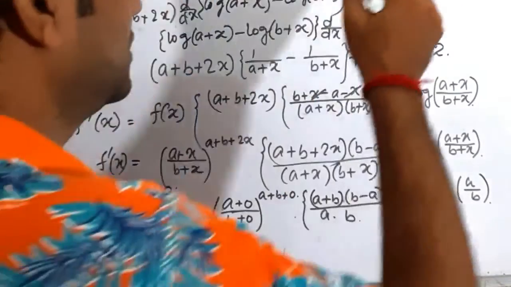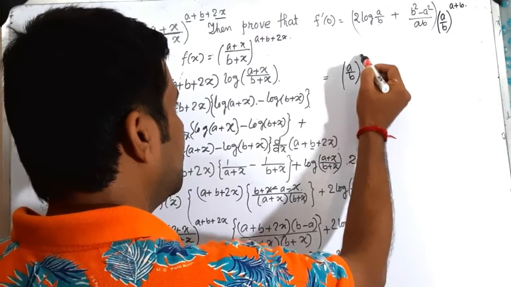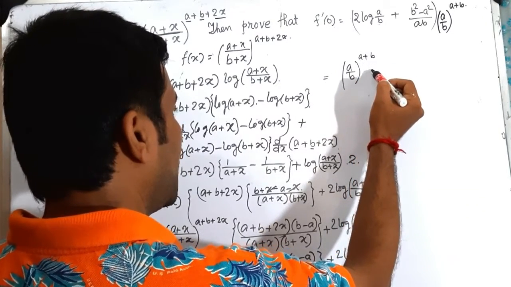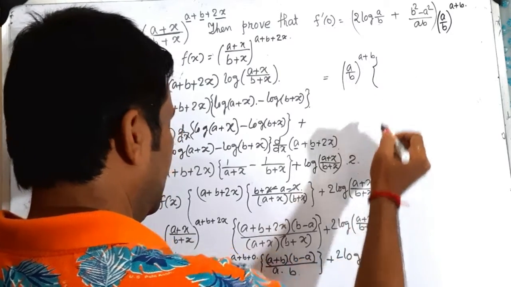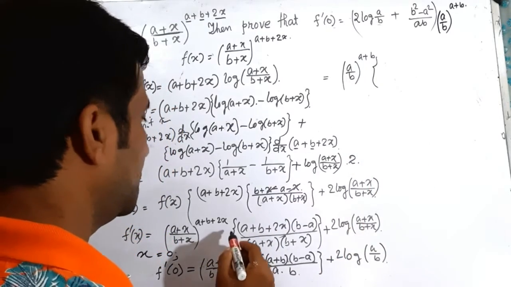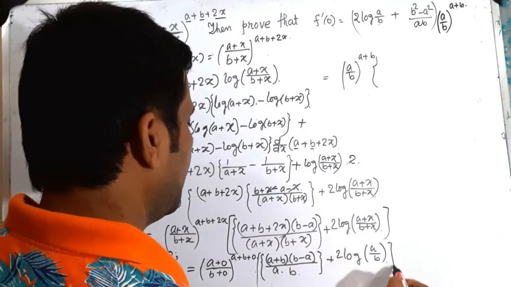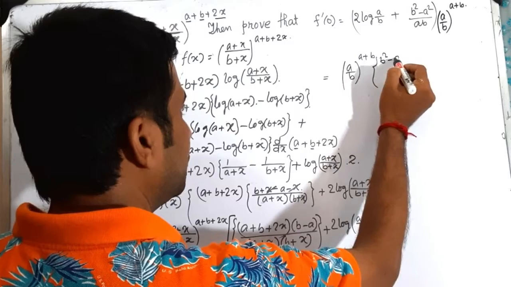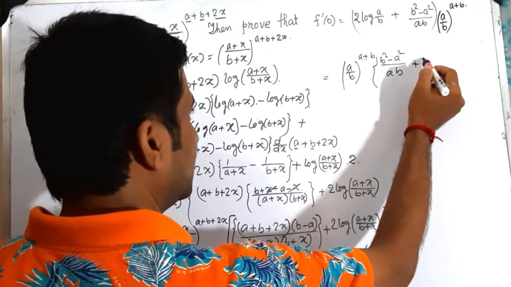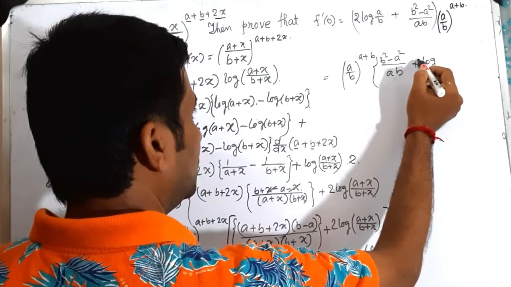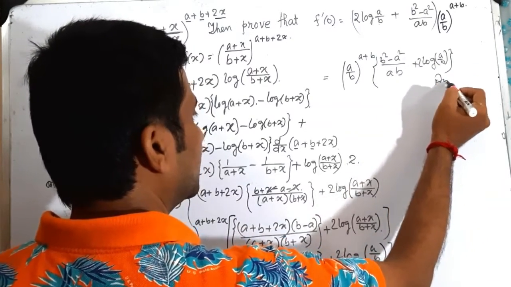So the expression transforms to (a/b)^(a + b) times [(b² - a²)/(ab) + 2 log(a/b)]. This is your required answer.